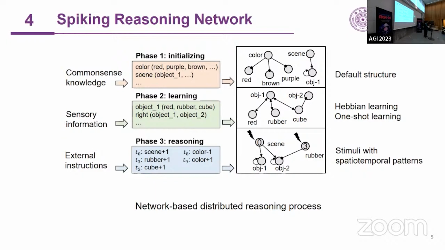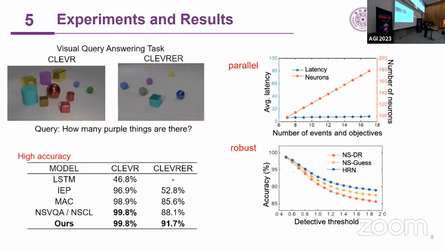It uses Hebbian learning to modify its connections and one-shot learning to recruit new neurons. The third phase is reasoning under external instruction. The instruction takes the form of specially patterned temporal stimuli. This network achieves a distributed reasoning process, and the process can be compared with biological data.